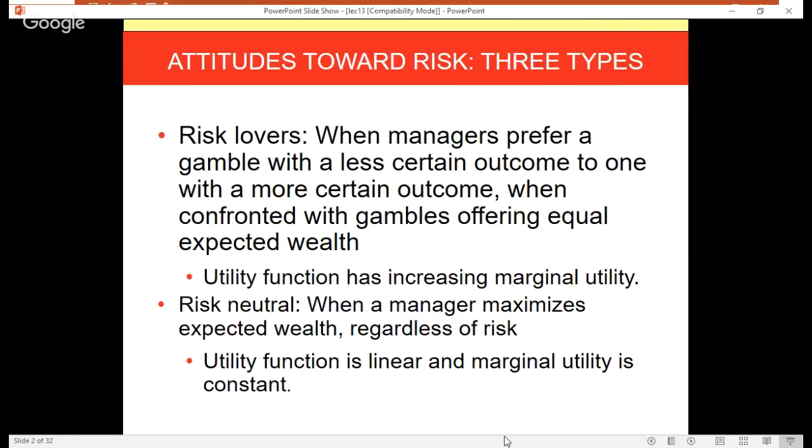Risk lovers, on the other hand, are managers who prefer a gamble with a less certain outcome to one with a more certain outcome when confronted with gambles offering equal expected wealth. Risk neutral is when the manager maximizes expected wealth regardless of risk. So a risk neutral person would have taken the gamble simply because the expected return was greater than the certain return. So he is either risk loving or risk neutral. The rest of us who didn't want to take the gamble are risk averse.